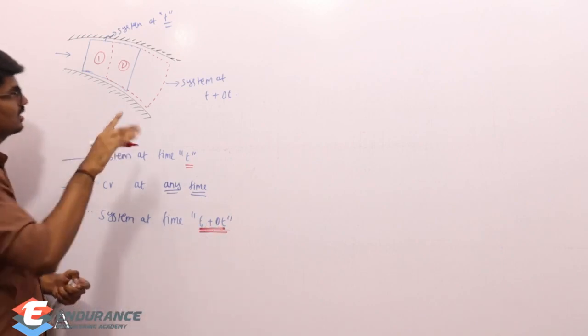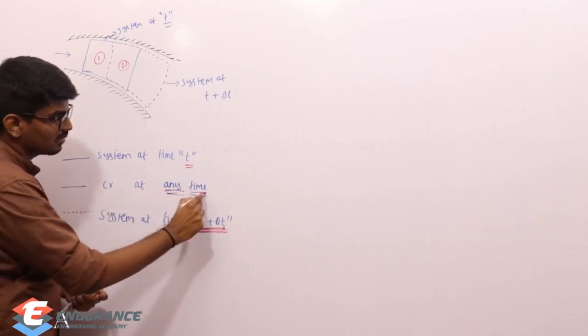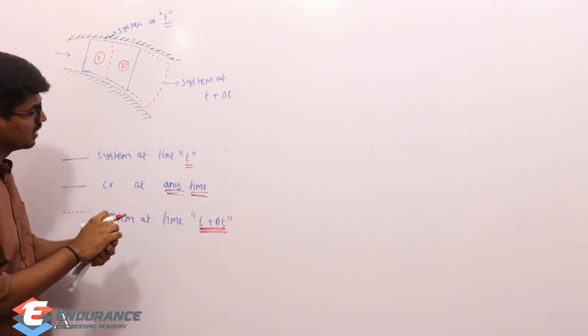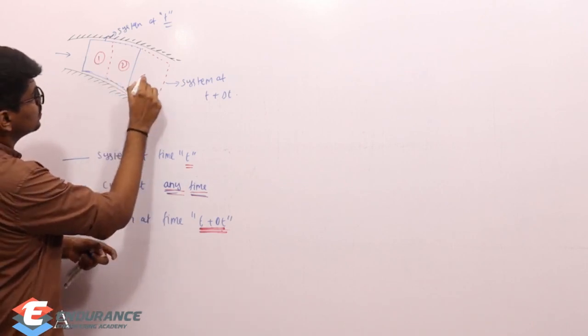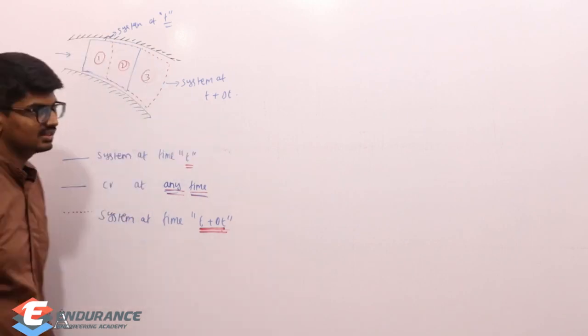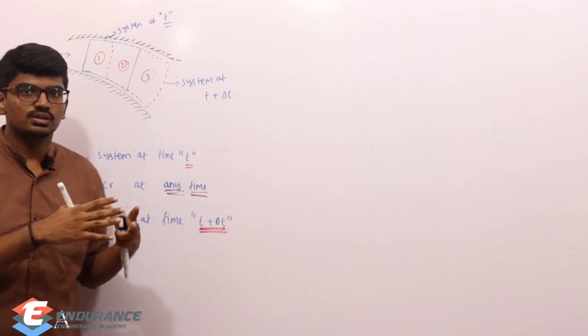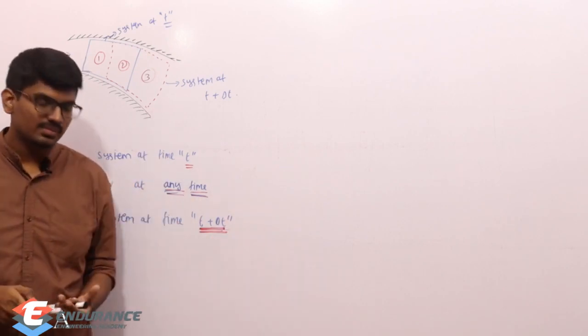It is still 1 and 2 only, because my control volume is not changing. Whatever the time, my control volume is still 1 and 2 only. But my system at time t plus delta t is 2 plus 3. Is it clear? This understanding is going to be helpful when we are deriving the relation.